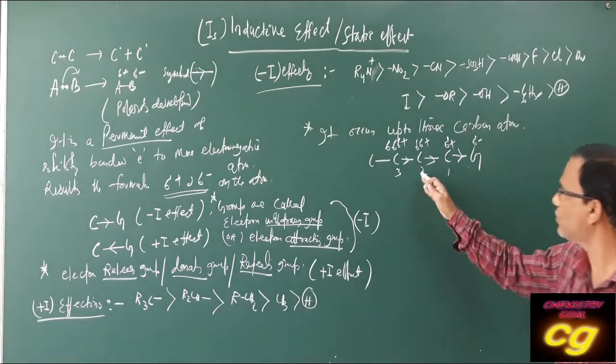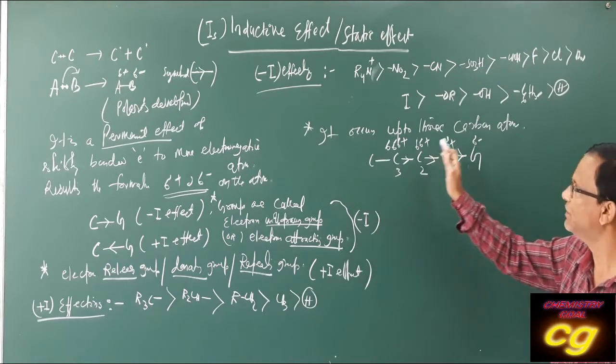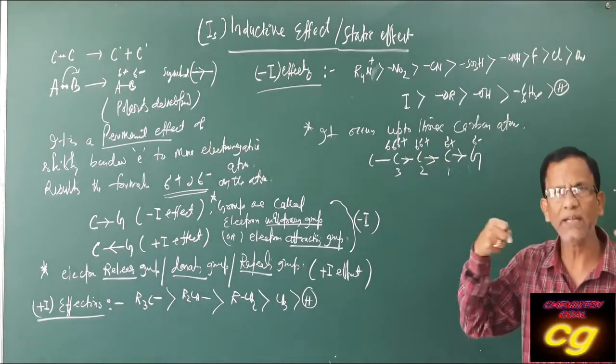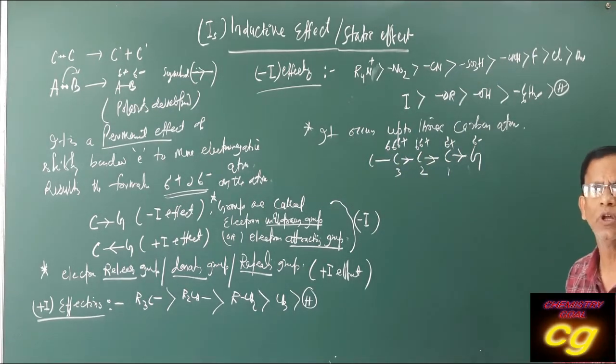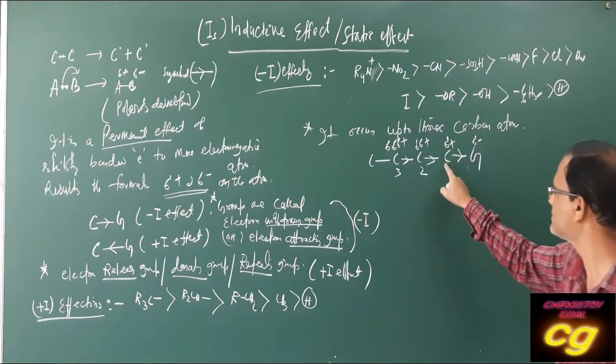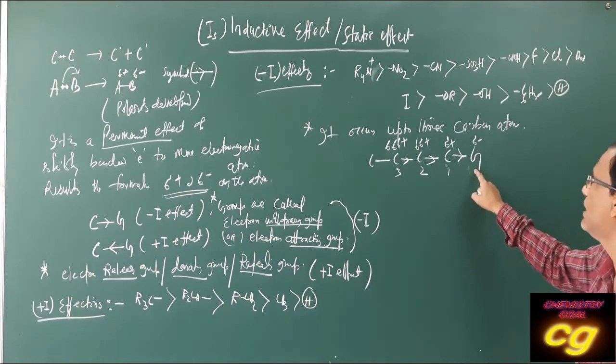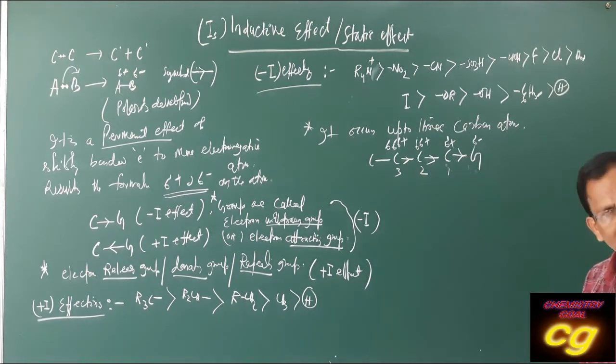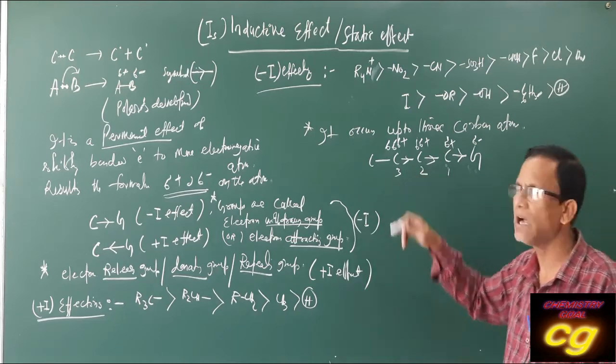So the attraction automatically decreases along the chain; the pulling power of the atom towards the bonded pair of electrons decreases.